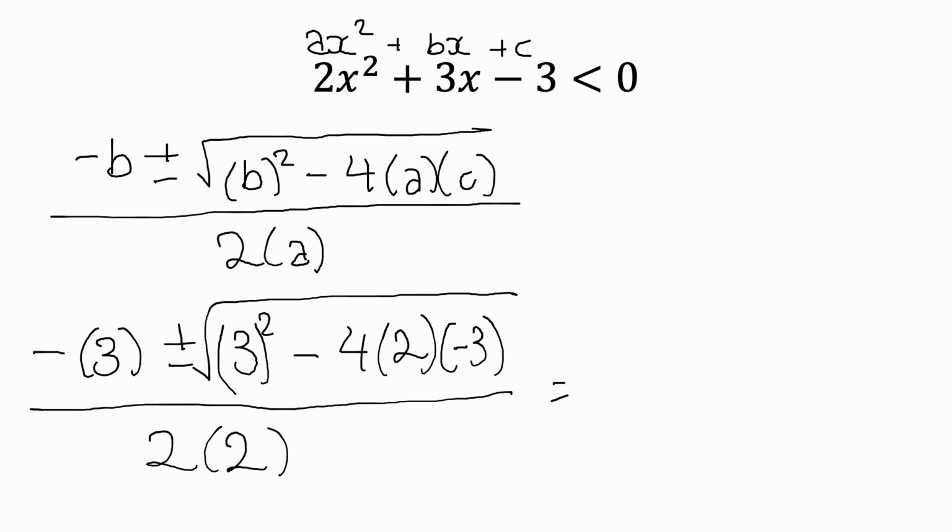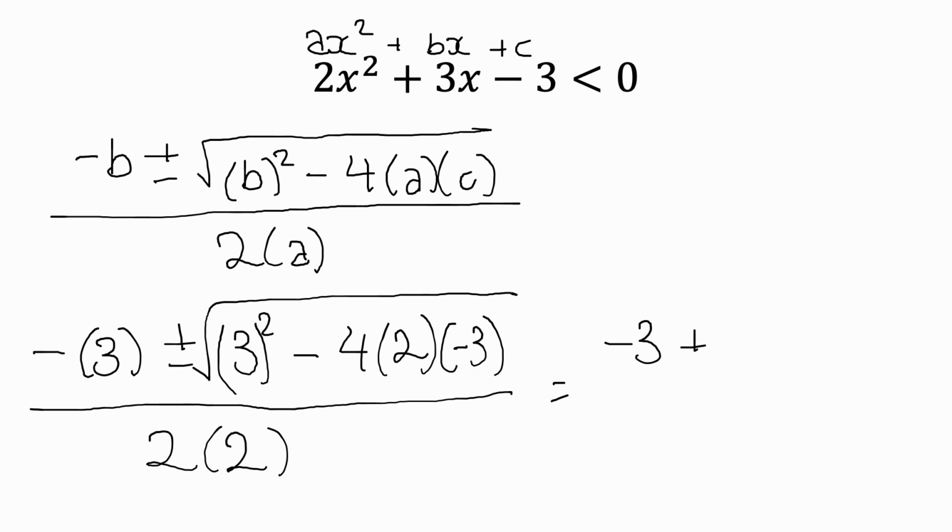So we get minus 3 up here. Then 3 squared is 9. 2 times negative 3 is negative 6, and negative 6 times negative 4 is positive 24. So we're doing 9 plus 24, which is 33.